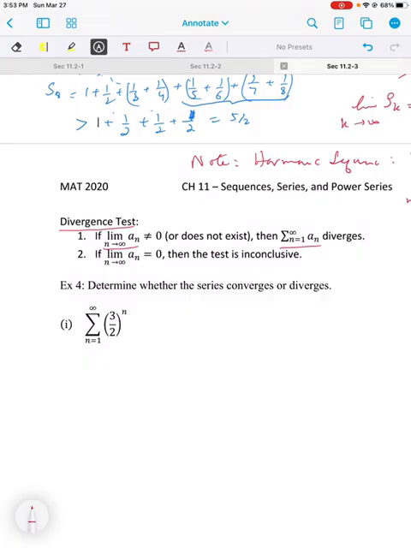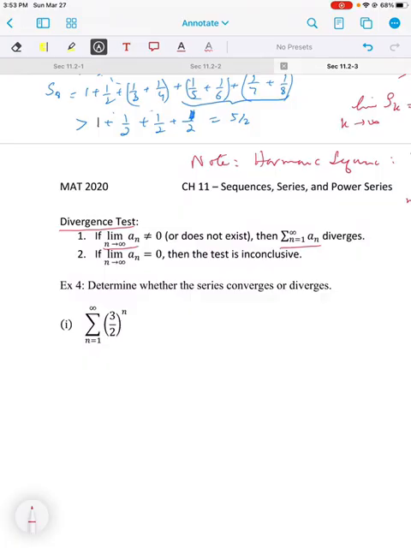So if the limit of the nth term is equal to a number, or the limit does not exist, then the series will diverge. Notice here we are not saying anything about convergence, but we now know when a series will diverge.